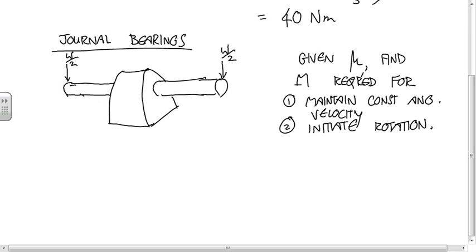So to do these problems, draw a free body diagram of the axle, and we're going to look at it from the side, like over here.